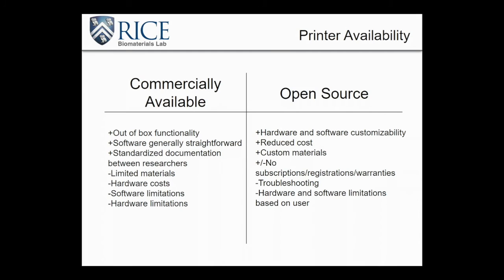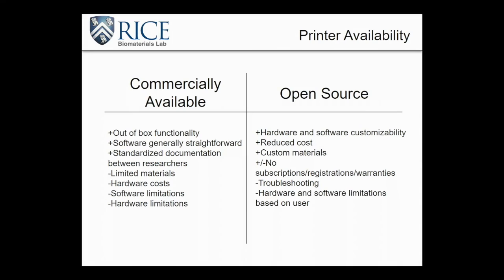So it's really nice that we now have that availability of commercially available printers, but sometimes these printers do have limited materials and they don't allow you to work with custom materials, so you do have to consider that before you purchase a printer. I highly encourage you, if you're interested in actually getting a commercially available printer, to figure out what kind of support they offer if you're trying to use custom materials.